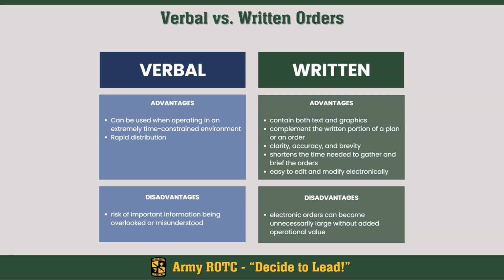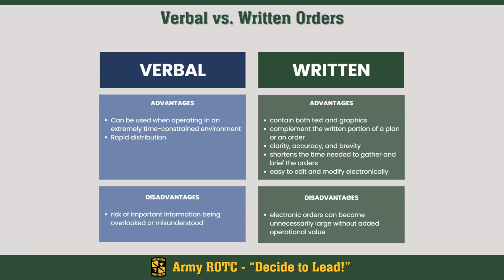Now, one of the disadvantages of this is that it risks important information being completely overlooked or misunderstood. Take the analogy of the game telephone. I don't know if you've ever played that before, but the premise behind that is there's a line of people in a room and one person whispers a statement to the next person, and that person whispers it to the person after them, and it goes all the way through the room to the end.